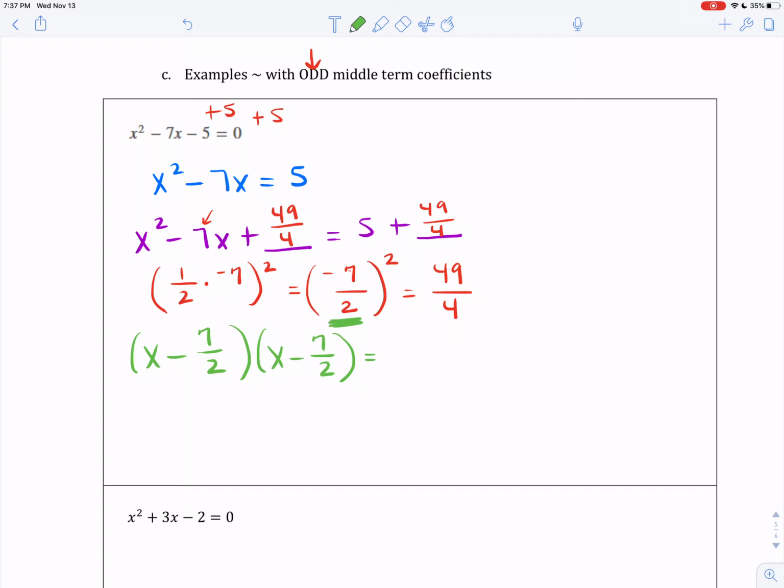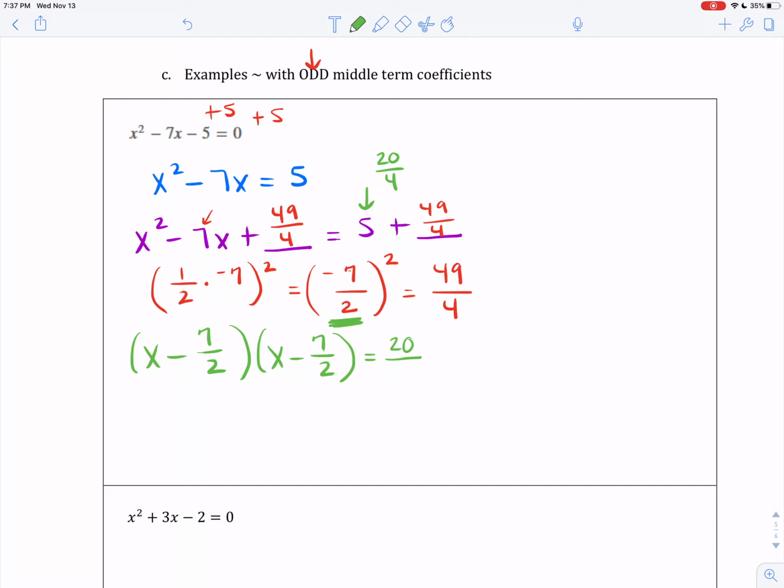Now, on the other side, remember, to add fractions together, you have to have a common denominator. So I'm going to have to take 5 and write it in terms of a denominator of 4 so that this will match up, right? 5 is the same thing as 20 over 4.